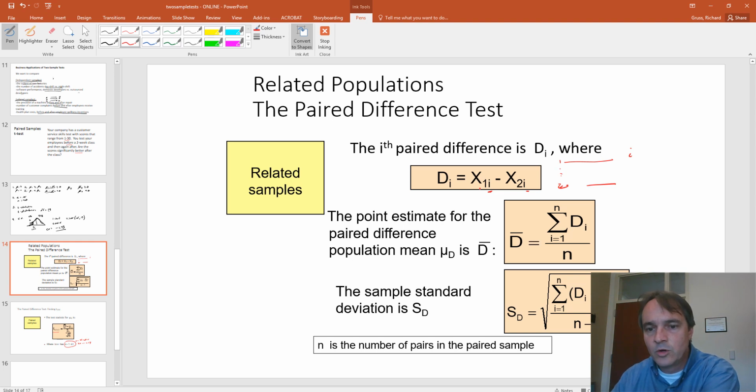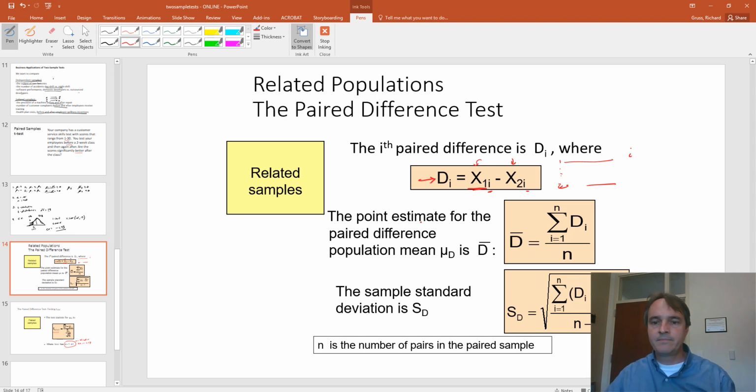Here x1 is the pretest value for observation i. Notice that this is not an aggregate, not a mean; for the ith row, take the value of the first test and subtract the value of the second test. This gives us d sub i.